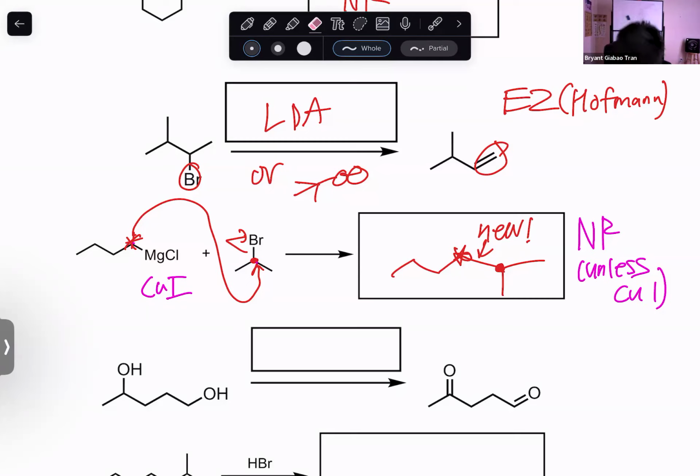Cl is weak. Oh, is that what he said? Like, if this was MgCl, it would not react, but if it was MgBr, would that go through? If it was MgBr? Oh, I see.